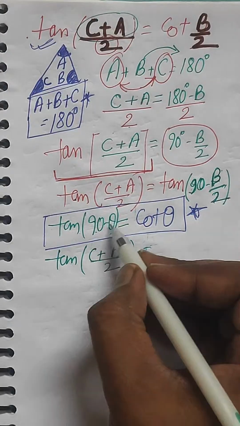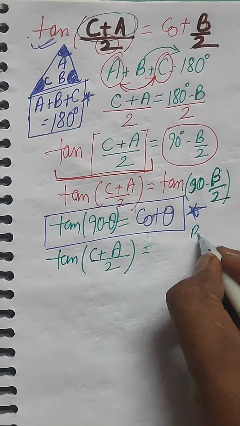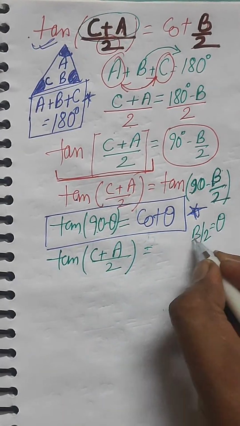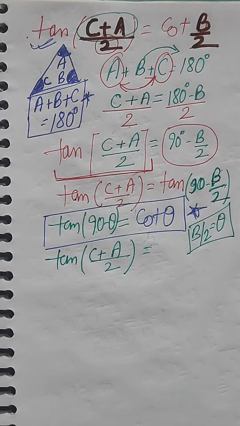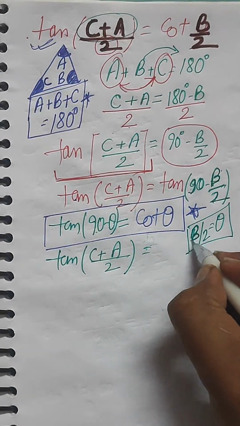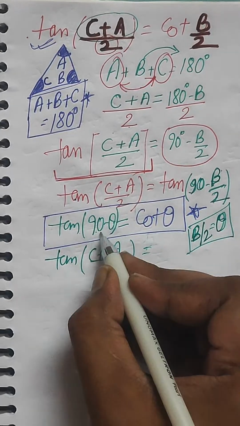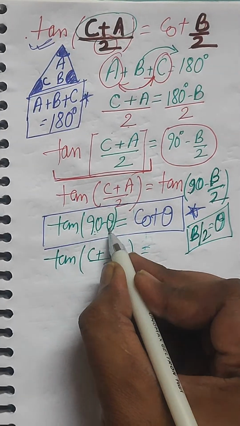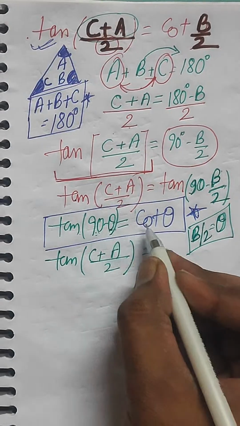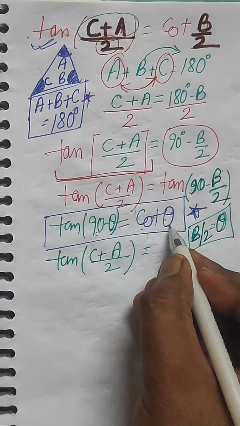So b by 2 is the theta over here. Mind it, b by 2 is theta over here. When b by 2 is theta, and into this formula you put in place of theta as b by 2, you will get cot theta, that is cot b by 2.